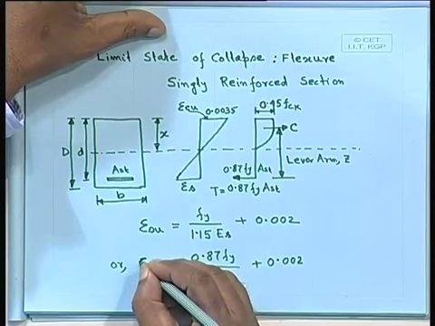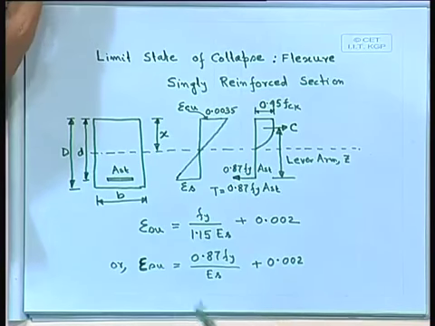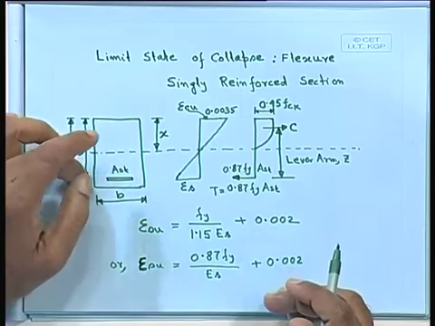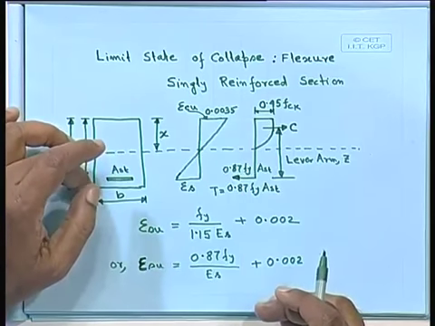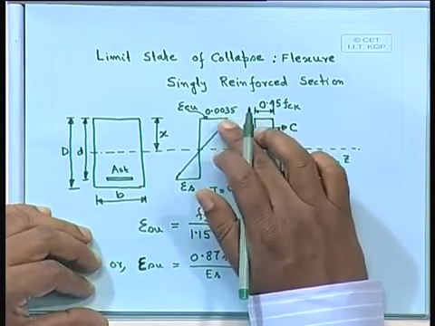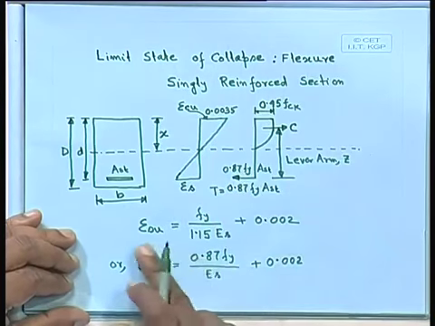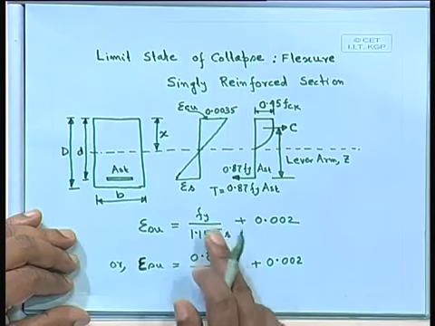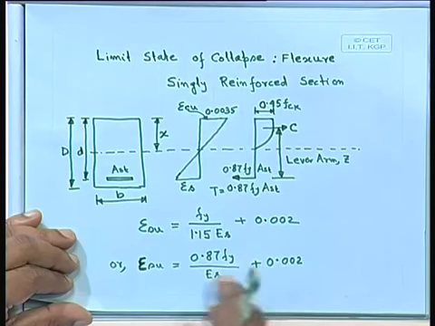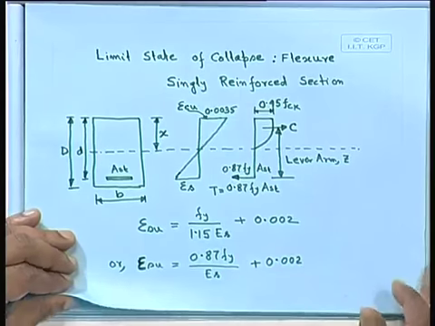This one will be epsilon SU, that ultimate strain in steel. We are considering singly reinforced, only reinforcement in the tension side, and we know that 0.0035 is the limiting strain in concrete in compression. We shall get the corresponding epsilon SU. For different grades of steel, we shall get different limiting strain.